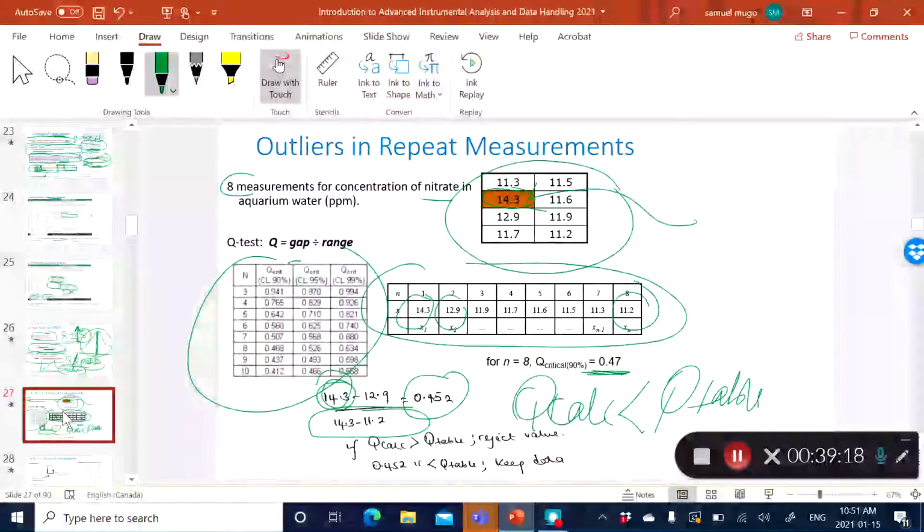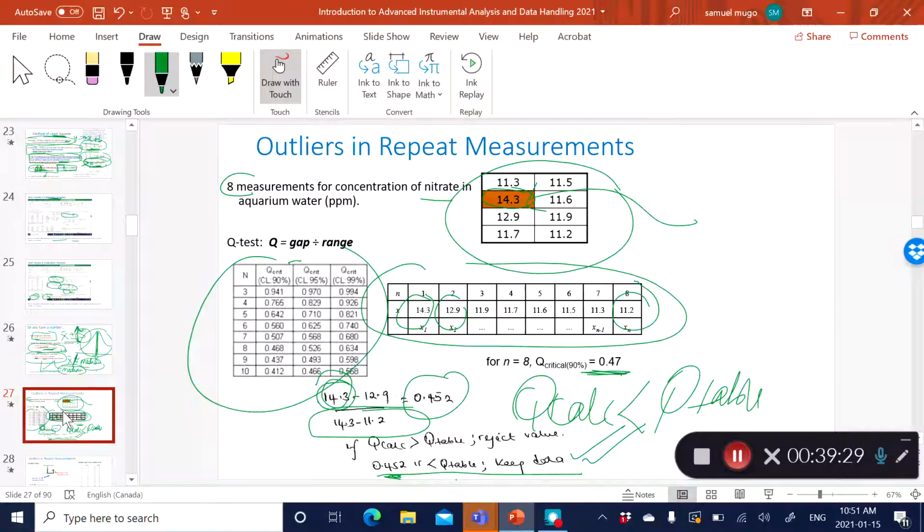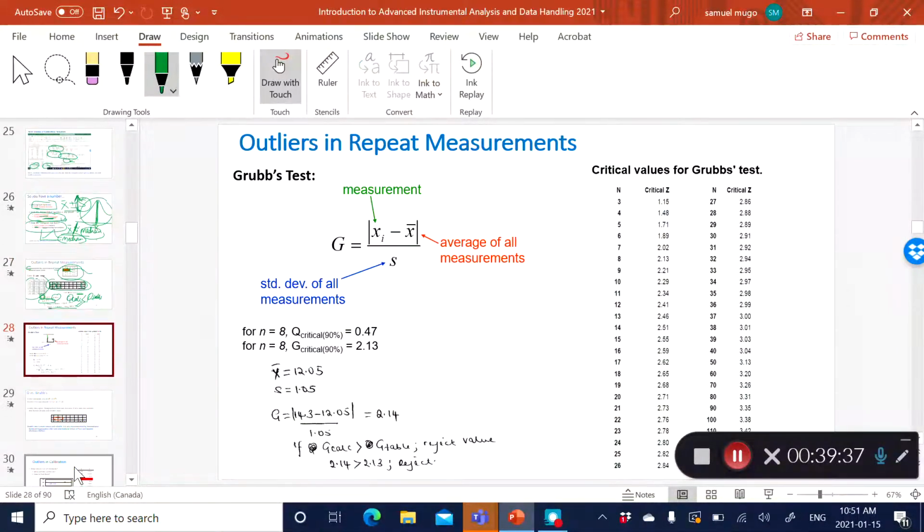So you can see the Q that I calculated is actually less than the Q from the table, and if that be the case, I should keep the data. So it means in this case it's not an outlier. Now, the other method to test the outliers is the so-called Grubbs test.